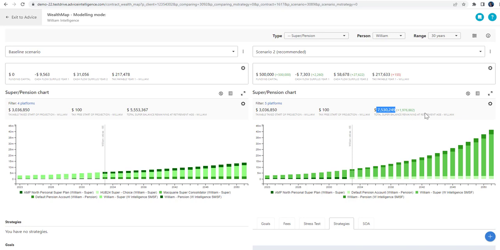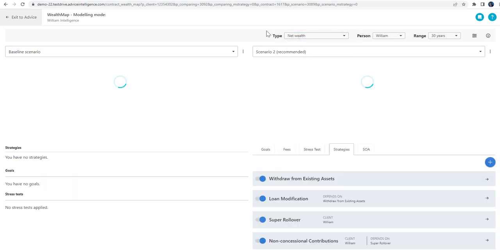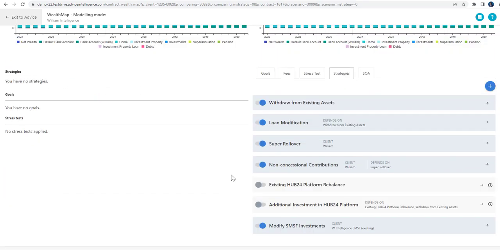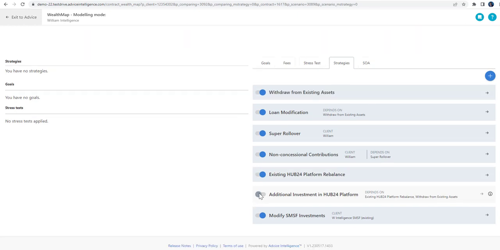And we can now focus on his overall net wealth, and we're going to apply a couple of strategies linked to his existing Hub24 platform investment. Again, unfortunately for William, his current investment options within that Hub24 platform are not reflective of his risk appetite.